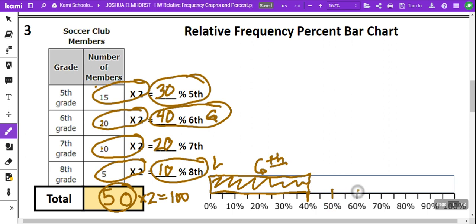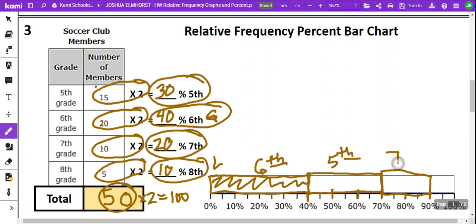So we could do 10, 20, 30. So that's fifth graders. Then we have 20%, 10, 20. And that's seventh graders. And the last little bit over here would be eighth graders. And you can shade those in if you like.